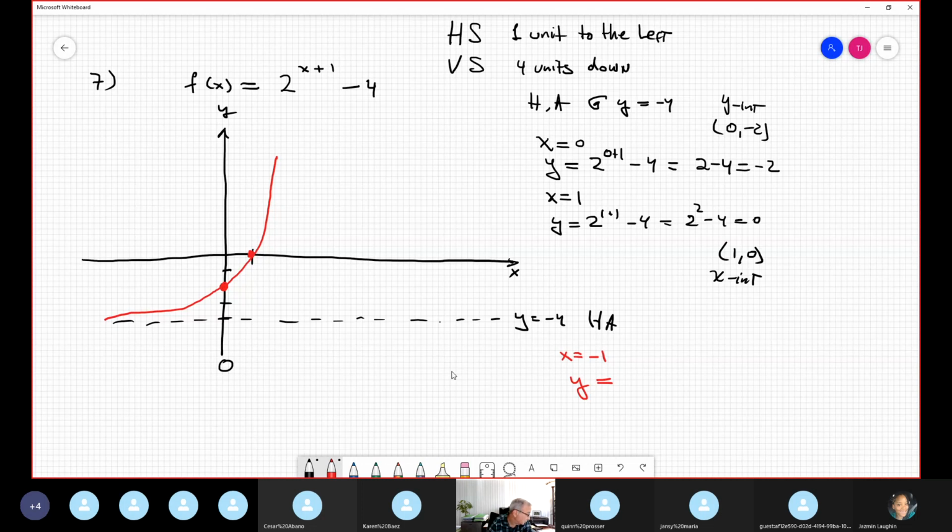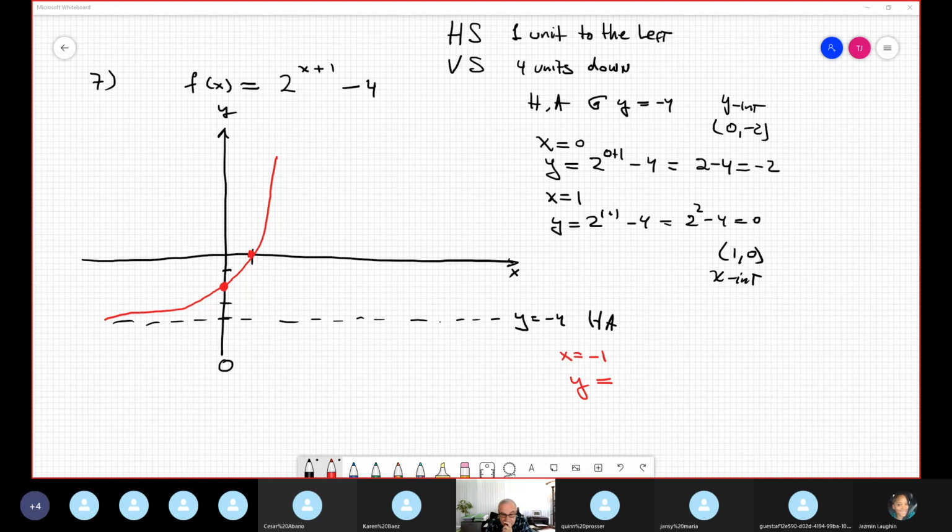Okay, let me look in Desmos to clarify. In this one, we are doing question 6. Look, no, it's not 6, it's 7. Sorry, it's 7. Oh, okay, I got it.